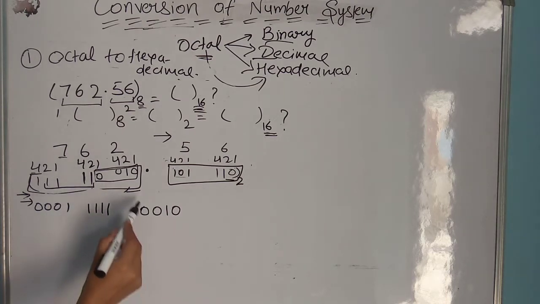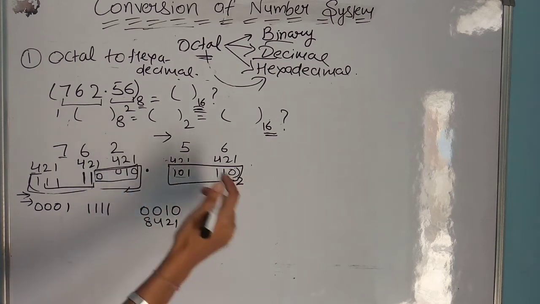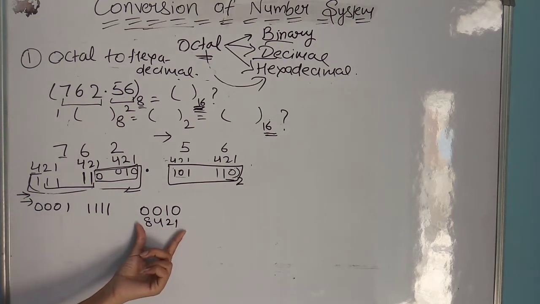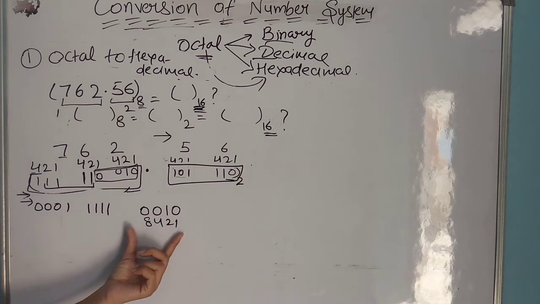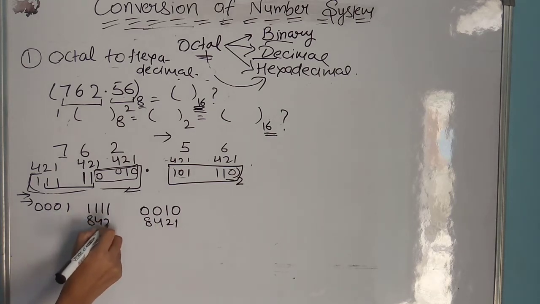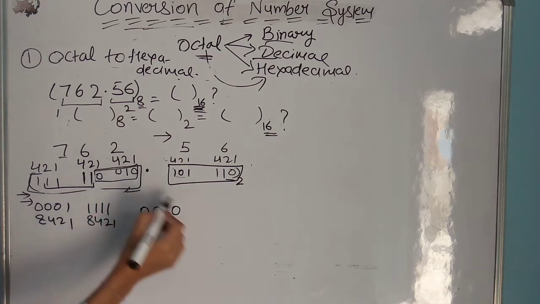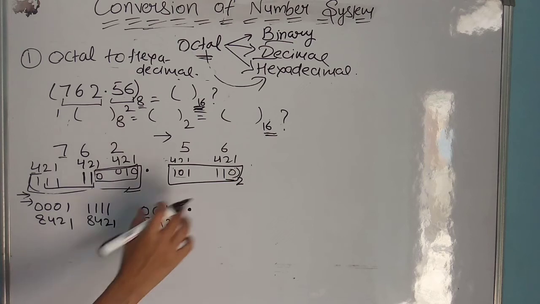Now apply 8 4 2 1 for this group, because we want to change it into a hexadecimal number. We can use only 4 bits of code, not a 3-digit code. So 8 4 2 1 for this, and 8 4 2 1 for this. Now insert a decimal point and fetch the 4 digits from this group.